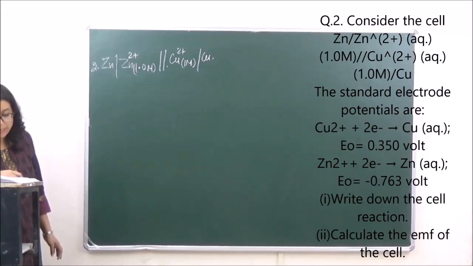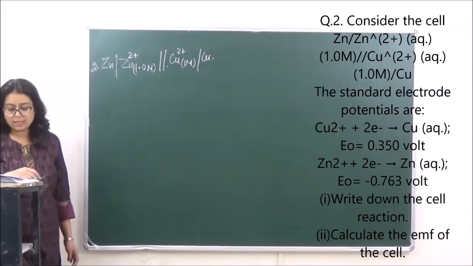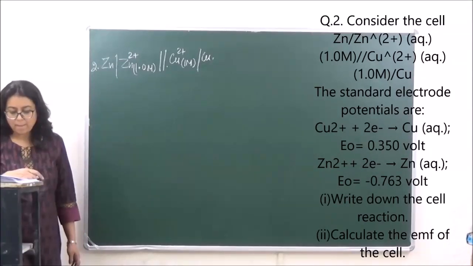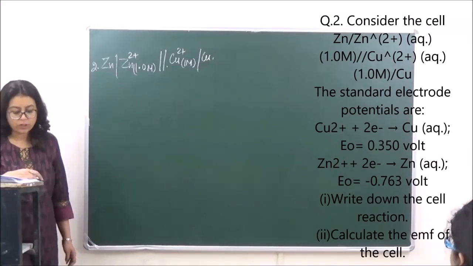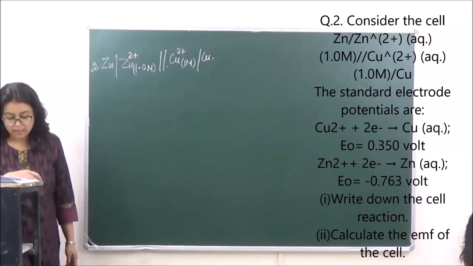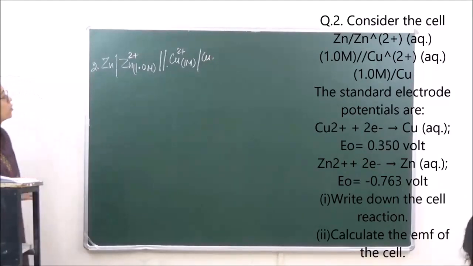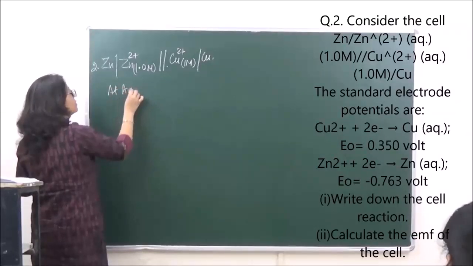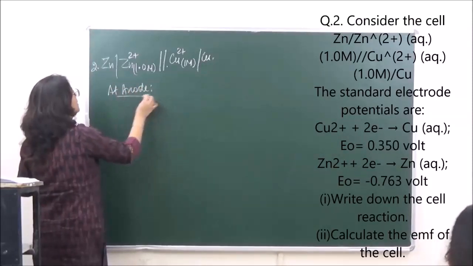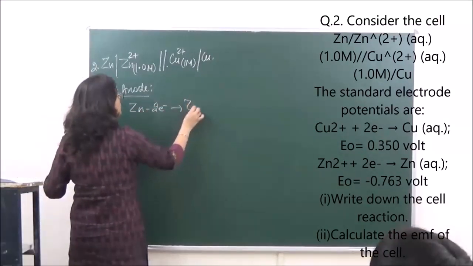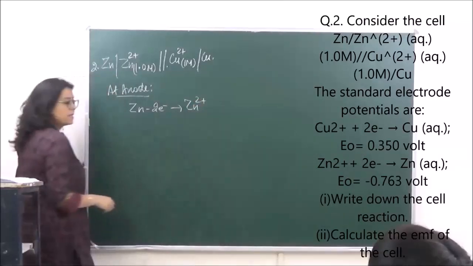The standard electrode potentials for Cu2+ plus 2e to Cu is 0.35 and the other one is minus 0.763 volt. Write down the cell reaction and calculate the EMF of the cell. So cell reaction at anode, what is happening? Zn loses 2 electrons to enter into Zn2+ state.